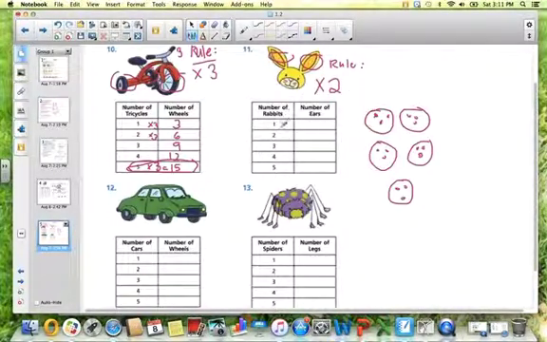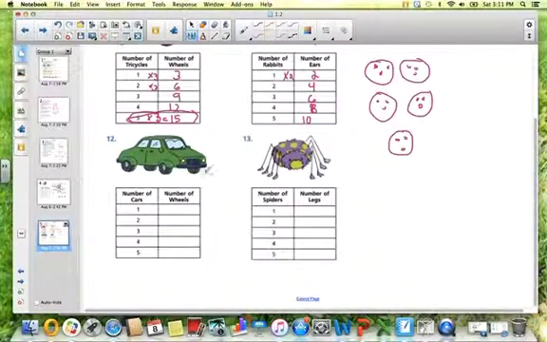So number of rabbits, we have 1 rabbit times 2 equals 2. 2 rabbits times 2 equals 4. 3 rabbits times 2 equals 6. 4 rabbits times 2 equals 8. 5 rabbits times 2 equals 10. Okay, that's supposed to be an 8, you guys. You know I'm bad at this.